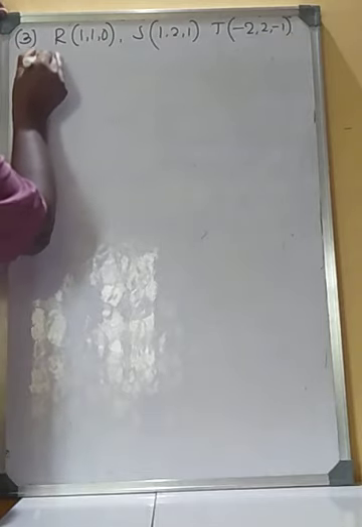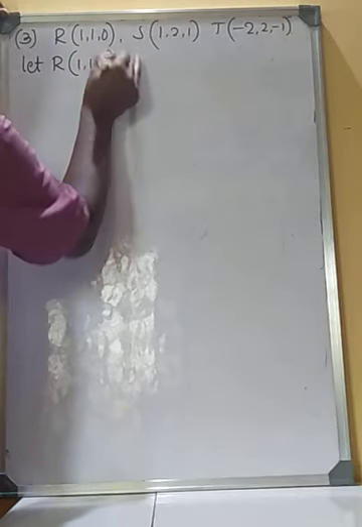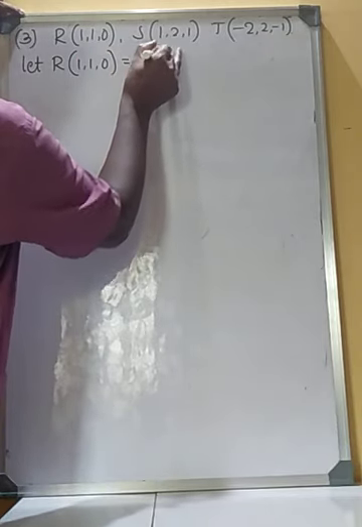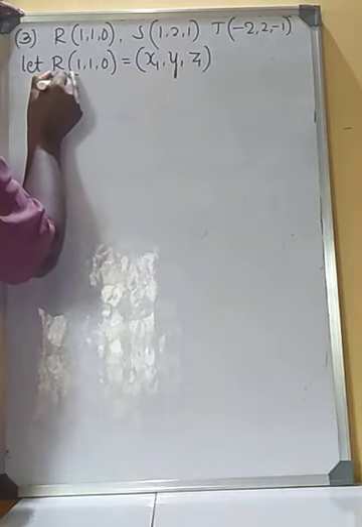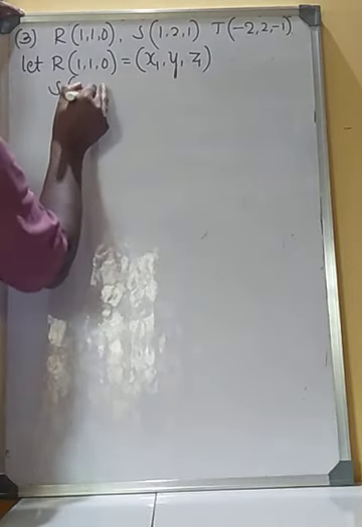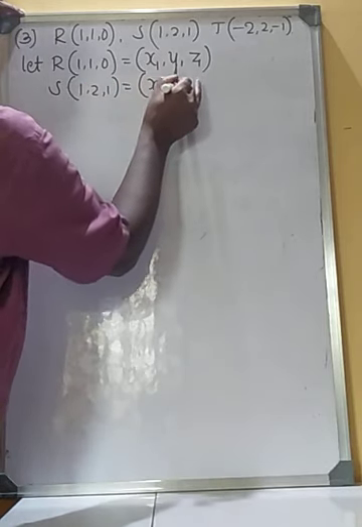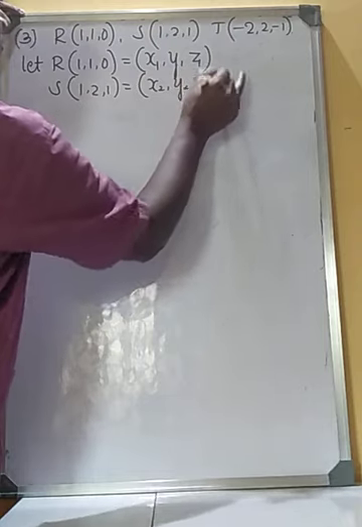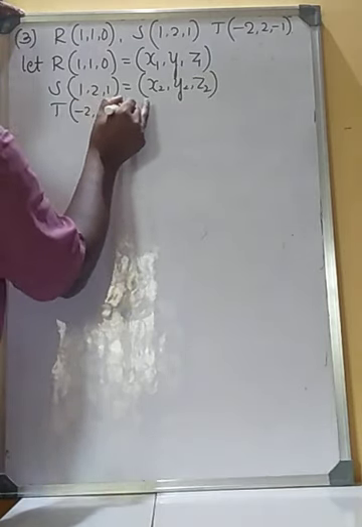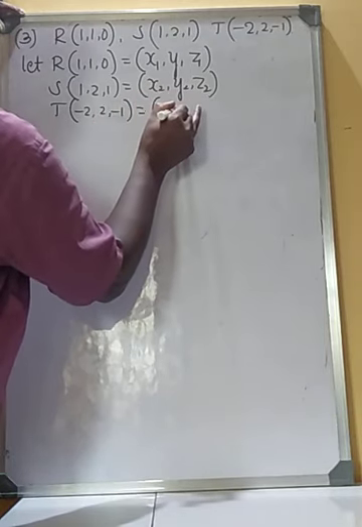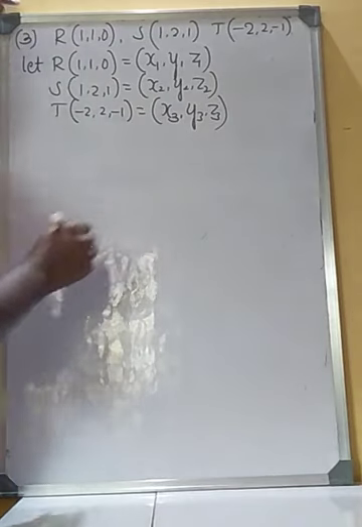Here let R (1, 1, 0) be x1, y1, z1, S (1, 2, 1) be x2, y2, z2, and T (-2, 2, -1) be x3, y3, z3.